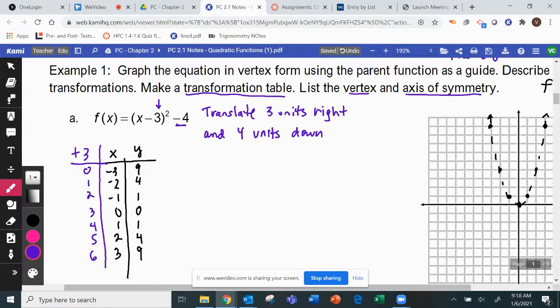And then I'm going to go over to my y side, and I'm going to subtract 4 from each of these. And when we do that, we've created ordered pairs, 0, 5, 1, 0, 2, -3, and so on. We're going to graph those ordered pairs for our new function.